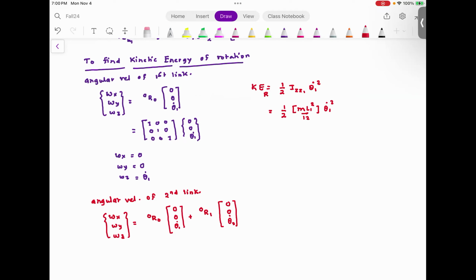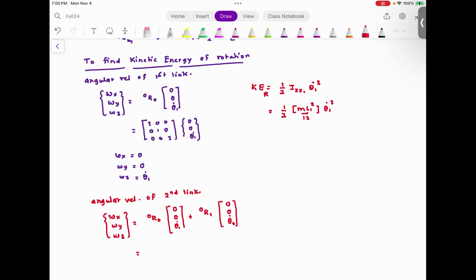Now this is the angular velocity of that link in its body frame, but we need to convert the body angular velocity into the inertial or fixed frame angular velocity. So I need to transform with the rotation matrix 0 R1. When I use this rotation matrix, the body angular velocity gets converted into the inertial angular velocity.